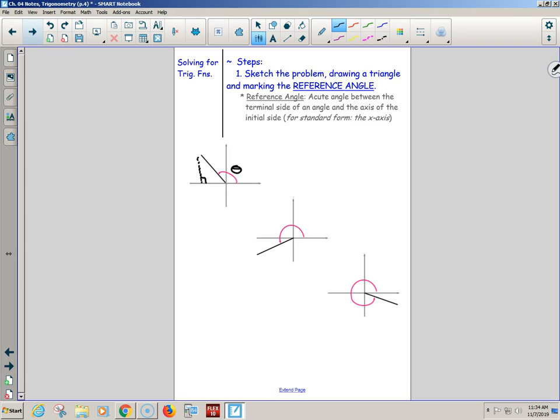So theta would be out here, but to find theta, I want to look at my adjacent, opposite, and hypotenuse for a reference angle, like this guy's triangle is the one to use for this theta, or this guy's triangle is the one to use for the bigger theta. So if we can use triangles, sweet. We just need to realize which triangle to use if our angles land in weird places.